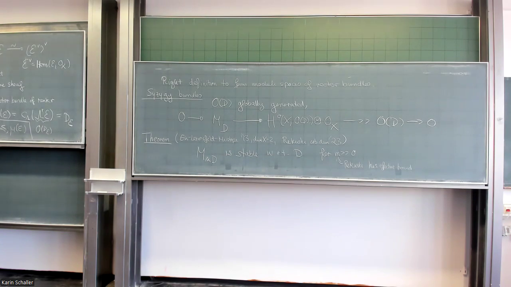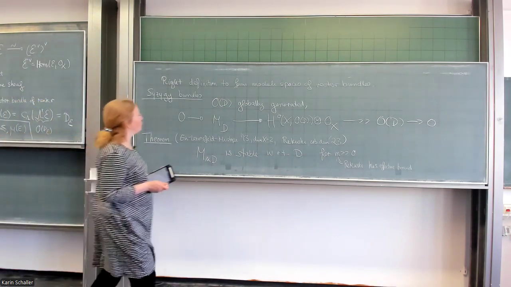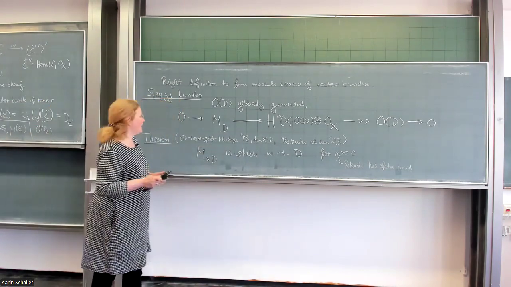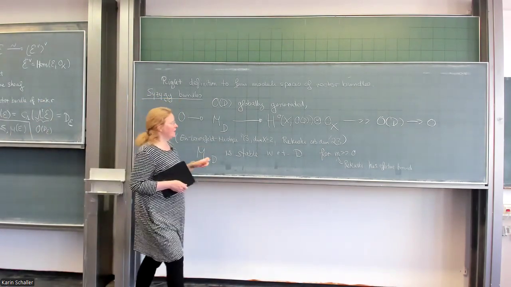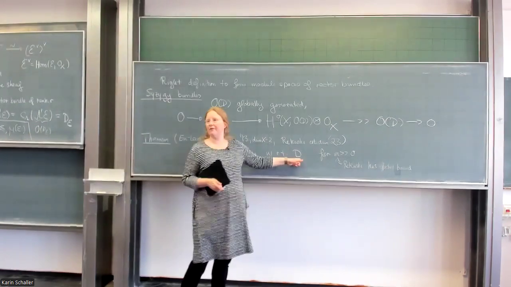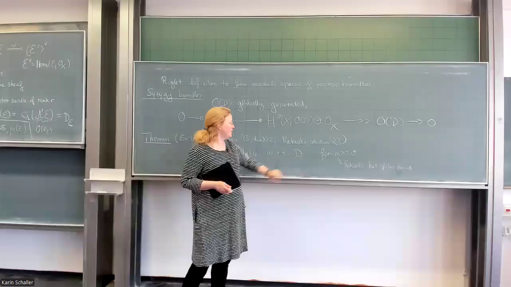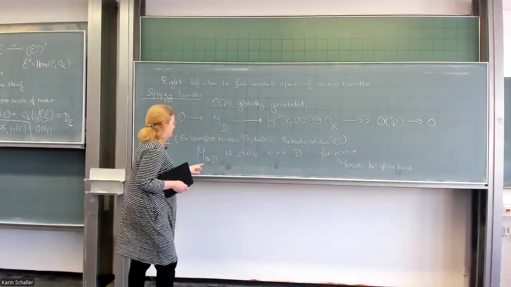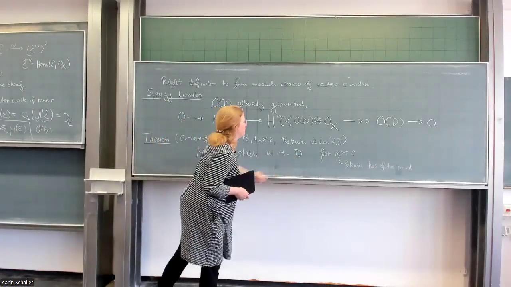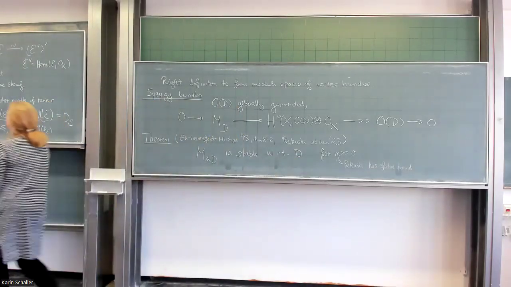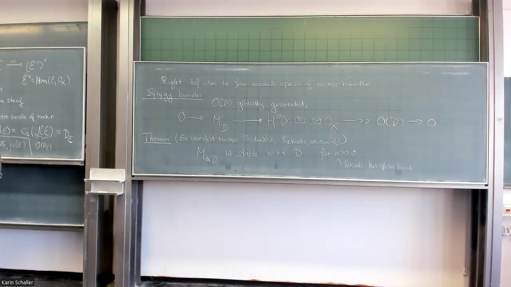In this article, Lazarsfeld and Mustopa also asked a question: does the same thing hold with respect to arbitrary polarizations? So can we exchange the D here by an A? That turns out to be false.